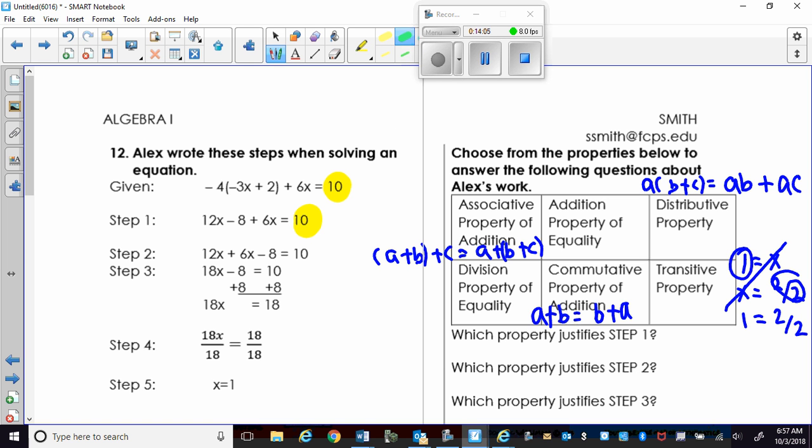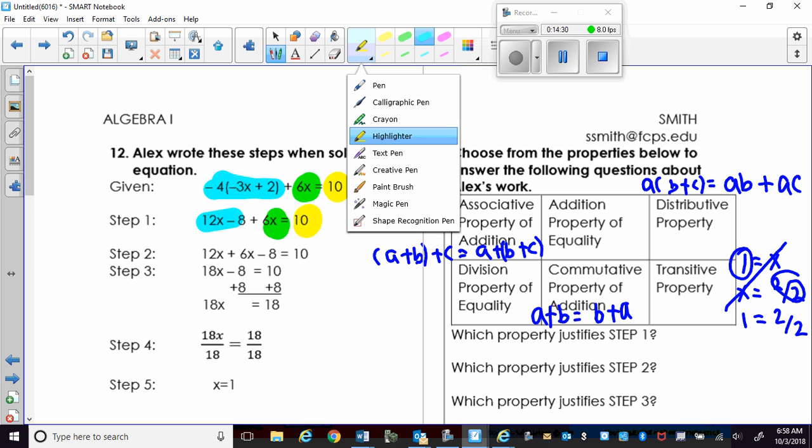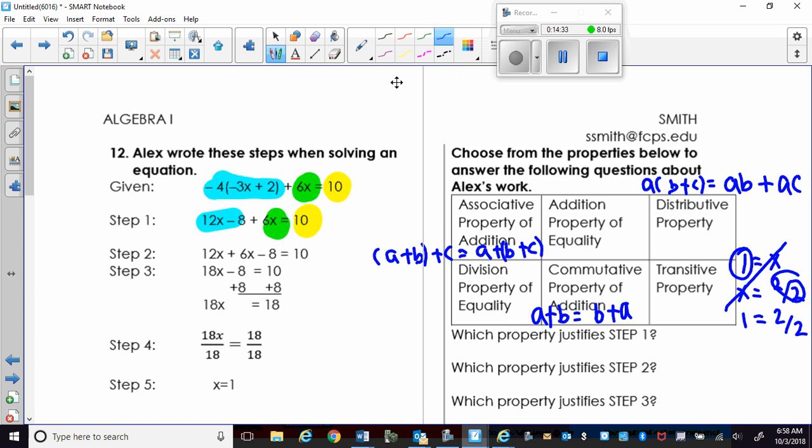So looking at what has not changed, 6x hasn't changed, but what has changed is this has gone away and it became something new. So you pick from the properties to see what describes the change that's occurring. So looking at this, it looks like they distributed. The indicators are that there's a factor out front, and you're multiplying that factor by 2 things added inside, and it looks a lot like this situation. So this is the distributive property.